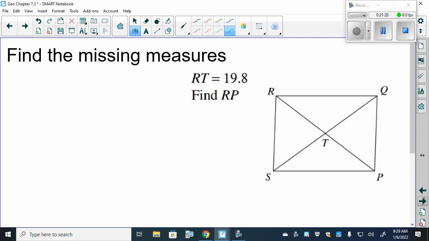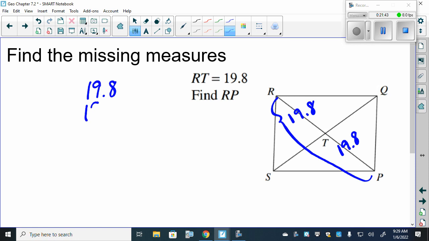Let's look at the next one. Well, they tell us RT is 19.8. They want us to find the distance of PR. Well, what's TP? 19.8. Well, if we want the whole thing, we can just add it together or multiply it by 2. 6, carry the 1.